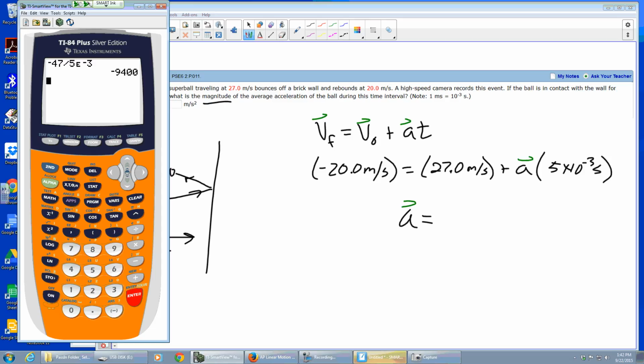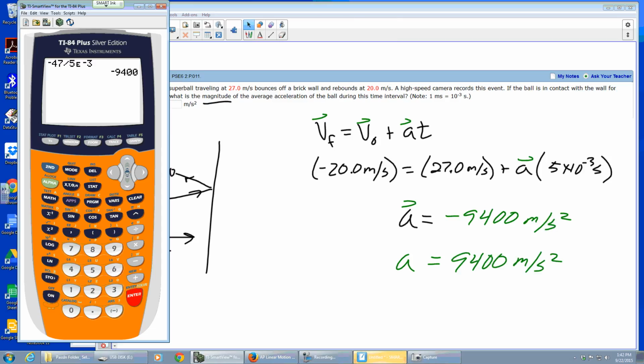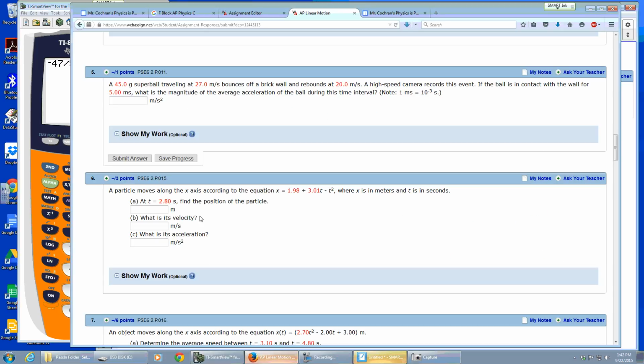Vectorially, I get negative 9,400 meters per second squared. So my magnitude is just 9,400 meters per second squared. Fingers crossed.